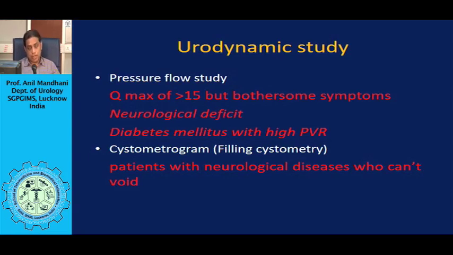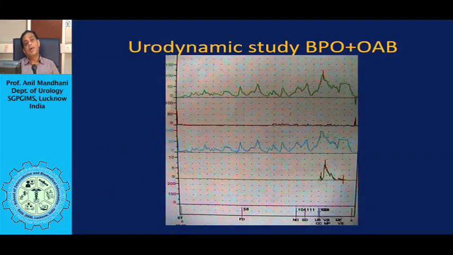They are used to that kind of voiding habit. So if a patient is not bothered about his symptoms, and as a physician, I find that he doesn't have any other problem which warrants surgical treatment, then I would not like to treat him. So this is called the quality of life index.